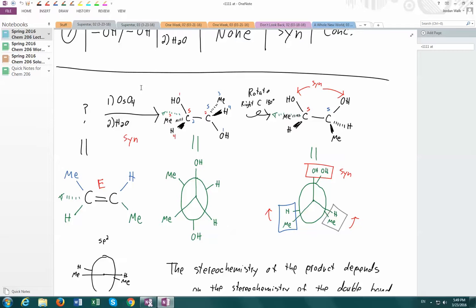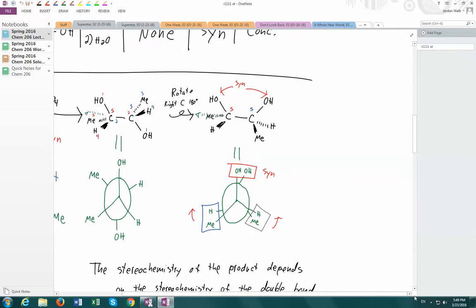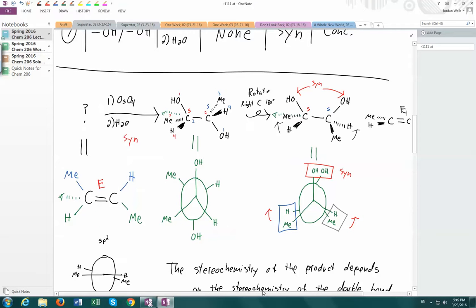So basically, if we reorient this, if we just pretend that we can remove those OH groups, and our methyls and our hydrogens snap back up into an alkene type position, we would end up with this kind of structure right here. And so that is the E double bond, the same as the answer we gave over here.